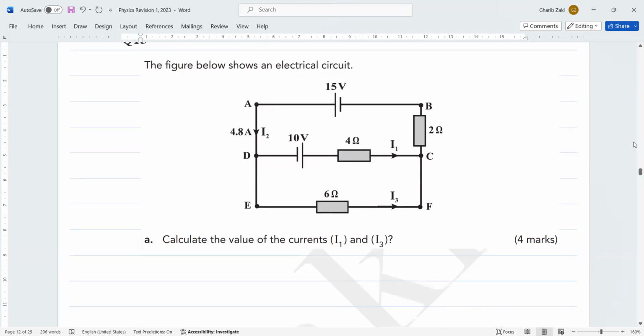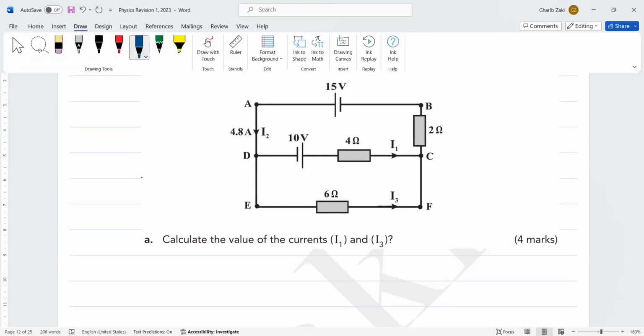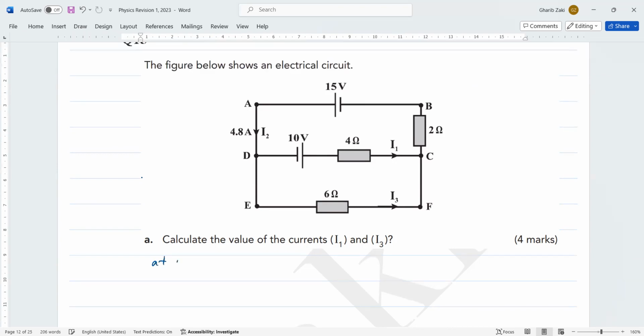Ready? Okay, ready? Now, we said calculate I1 and I3. Okay. We're starting at junction D. The sum of current in equals the sum of current out. So at junction D, this is Kirchhoff first because it's easier than Kirchhoff second. Current in is I2, and the current out is I1, and the current out also I3.